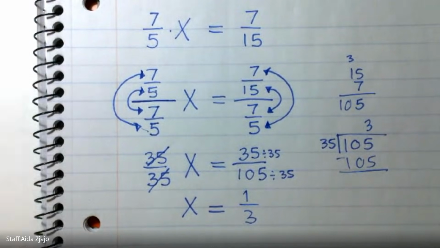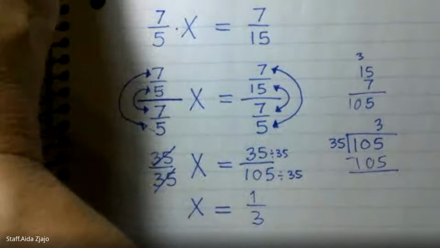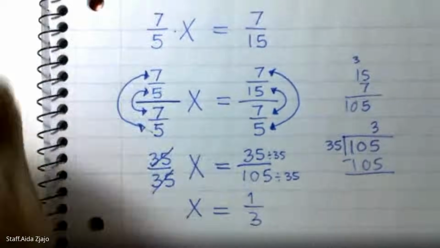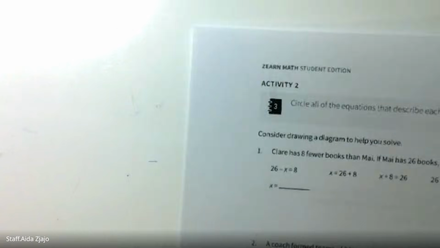All right, so that was activity 1, and then they have activity 2. That is fine, activity 2. I'm going to use that on the paper.